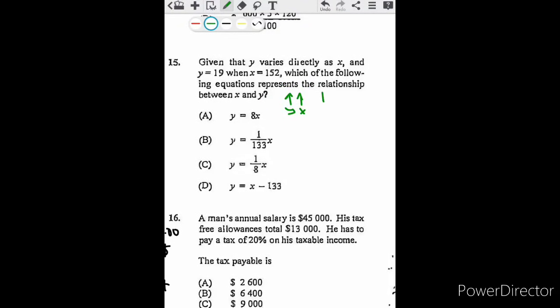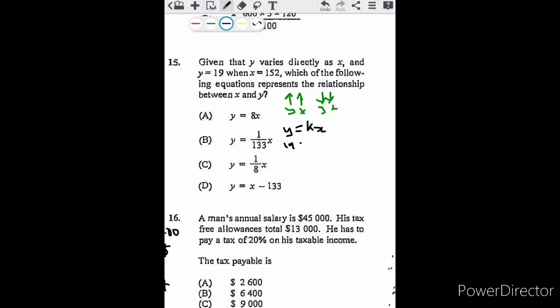X and y does the same thing. The equation for direct proportionality is y is equal to kx. We've been given the y value and the x value, so therefore we need to find the value of k.